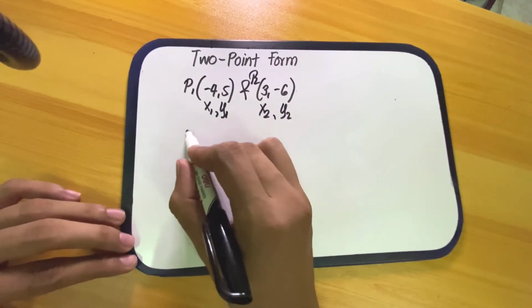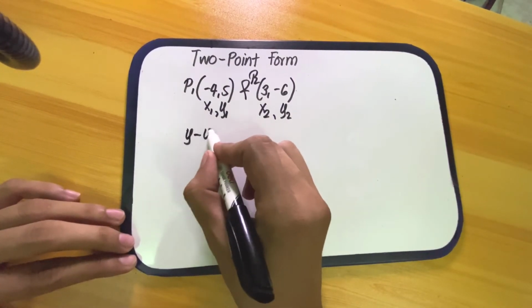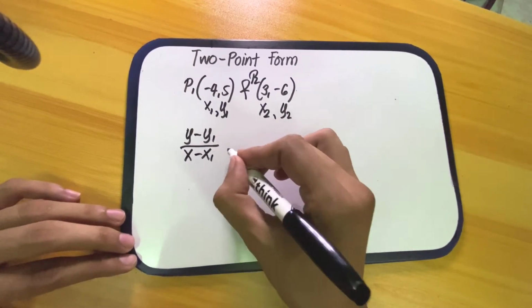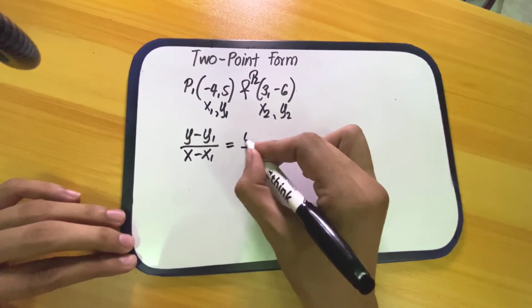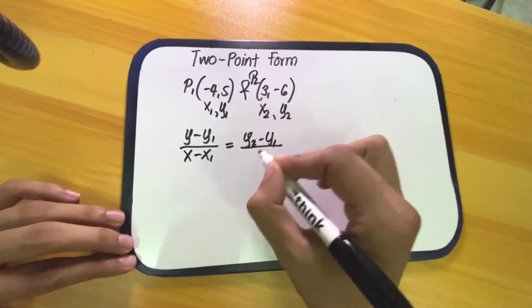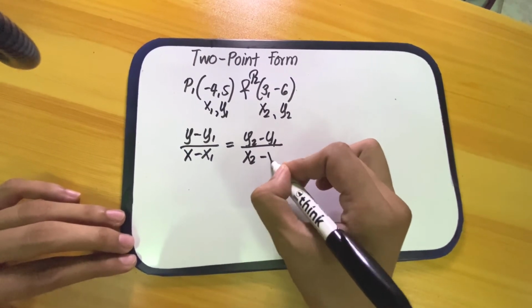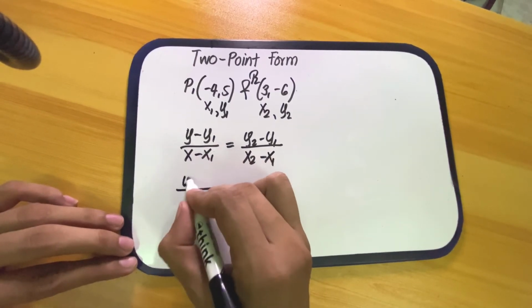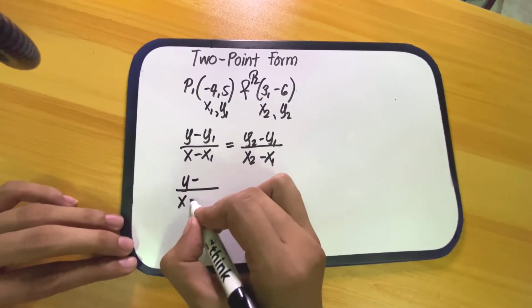Okay, so again, using the formula, memorize: y minus y sub 1 over x minus x sub 1 equals y sub 2 minus y sub 1, over x sub 2 minus x sub 1. So again, copy your y and your x, minus.